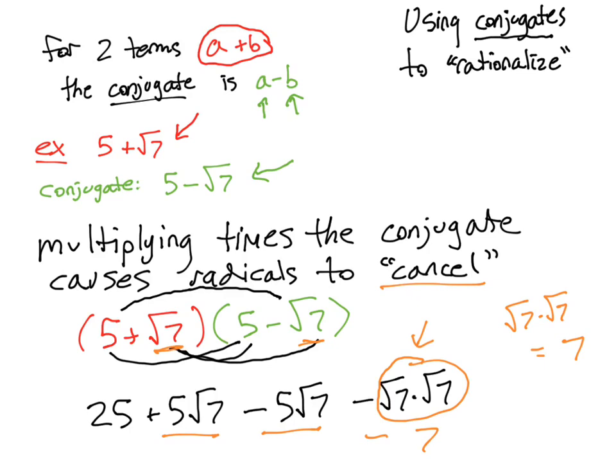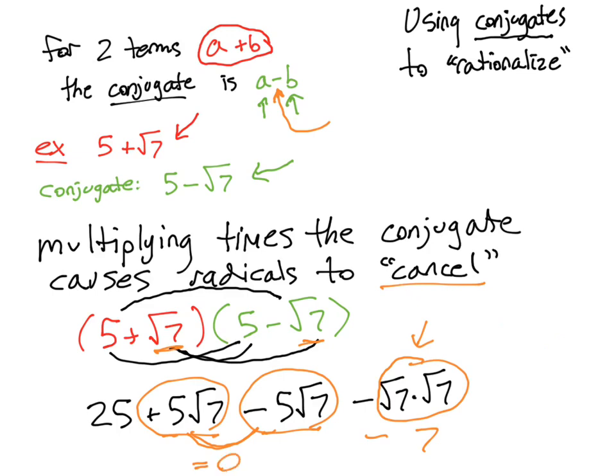But here's where switching the sign in the conjugate helps us out, because if one of these terms is positive and the other is negative but of the same term, positive and a negative of the same number added together cancels out and gives us 0.